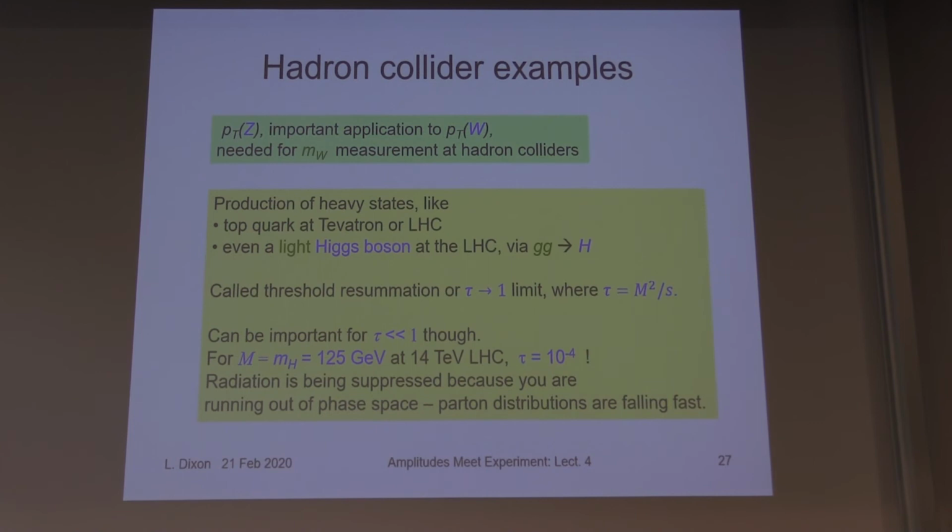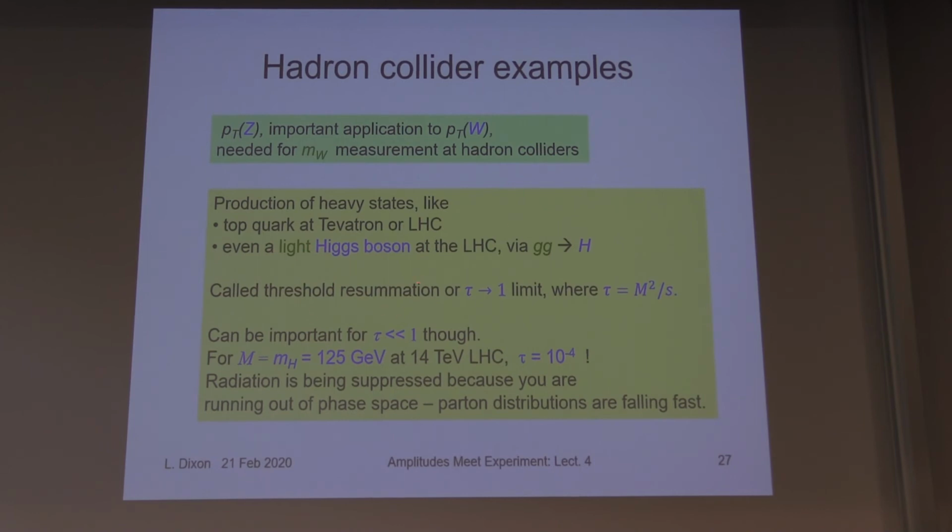And since you're paying a price in the phase space for emitting those quantities, there should be some Sudakov logarithm related to that. So while this happens for transverse momentum, and it's called PT resummation, there is also a threshold resummation to resum large logarithms.